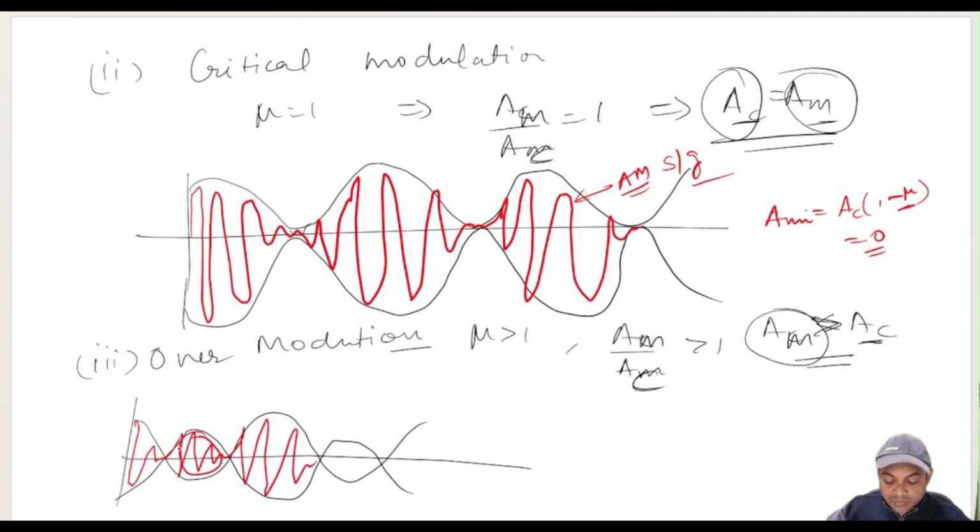Basically we have crossed the x axis, so the phase will be changed, and it is not the same signal that we are transmitting. The envelope we get after demodulation is not the same. It means at the time of demodulation we will not get the same signal, so in over modulation we cannot demodulate the signal. I hope it is clear.